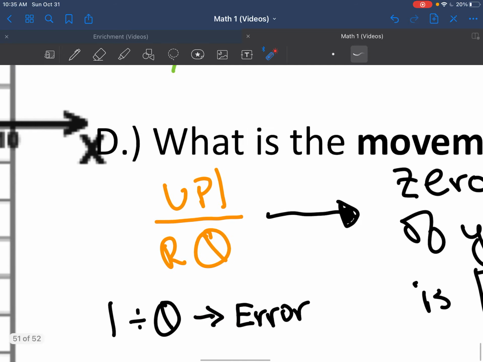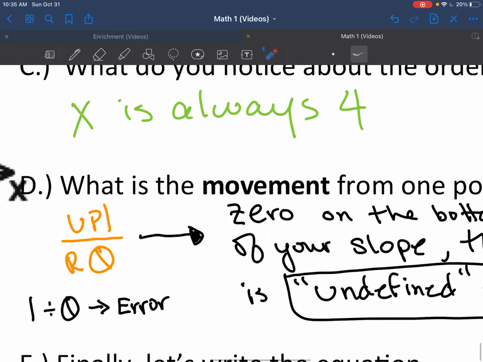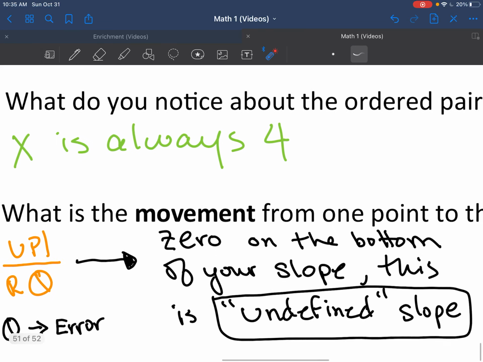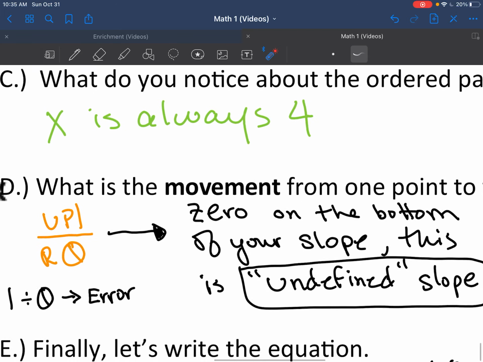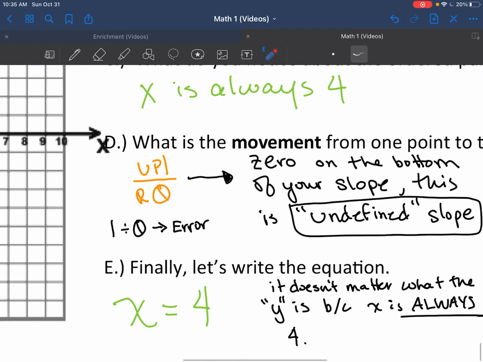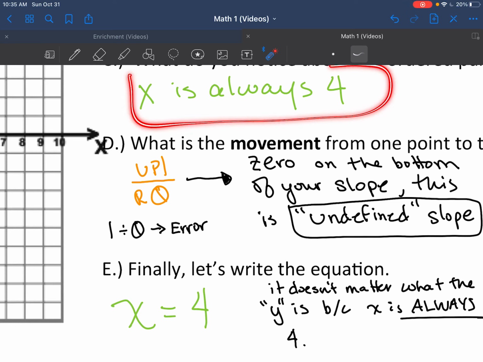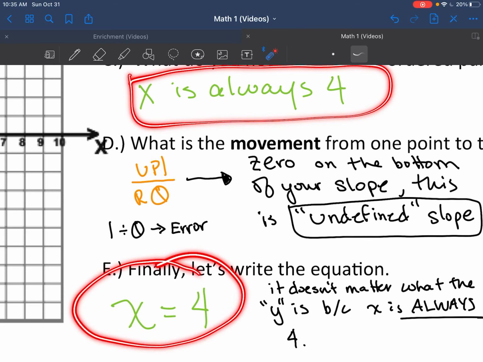And so what happens is if you have a 0 on the bottom of your slope, this means it's an undefined slope. So that's a new special name. So if you see that you're just going up and down, you're not going right or left, that means your slope is considered undefined. So when you write the equation, since x is always 4, we're going to write that as x equals 4.